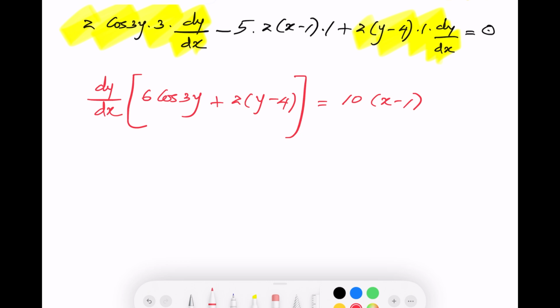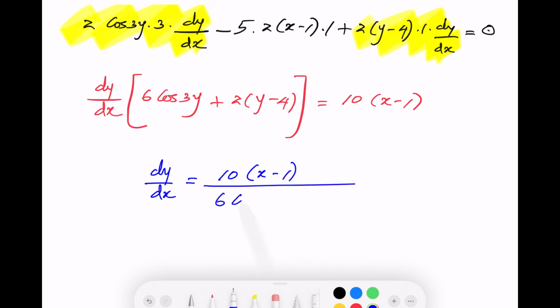Now from this equation I can easily subject dy by dx. We get dy by dx equals 10 times (x minus 1), all of that divided by 6 cosine 3y plus 2 times (y minus 4). That's the final answer needed for this problem.